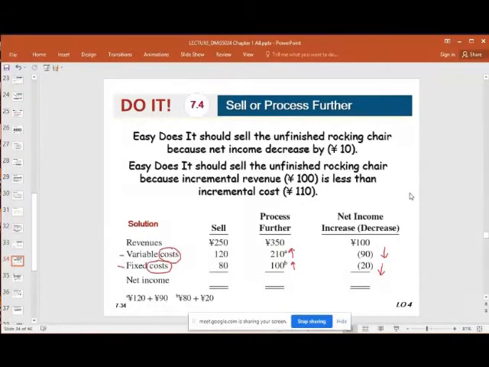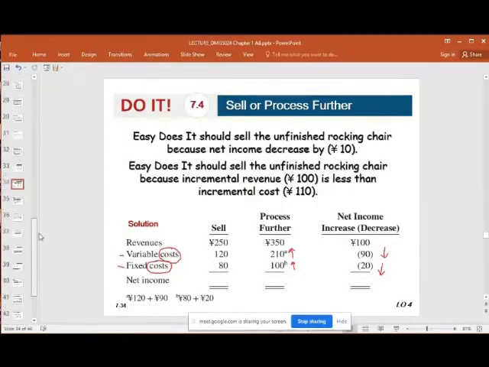Any question? Okay. So sell or process further, you have two different product. One is single product, one is multiple product. So let's move on to the next one.